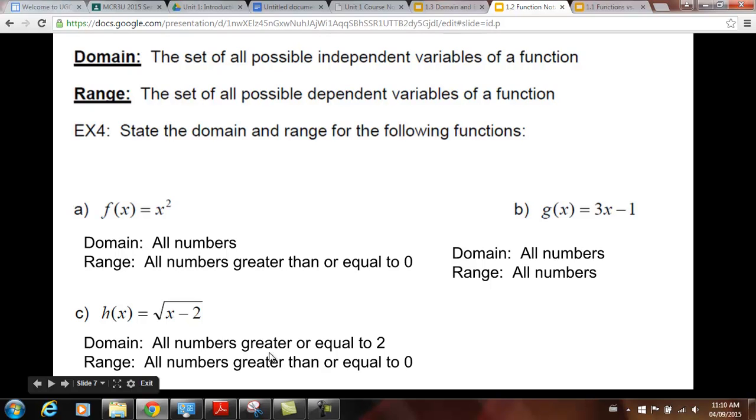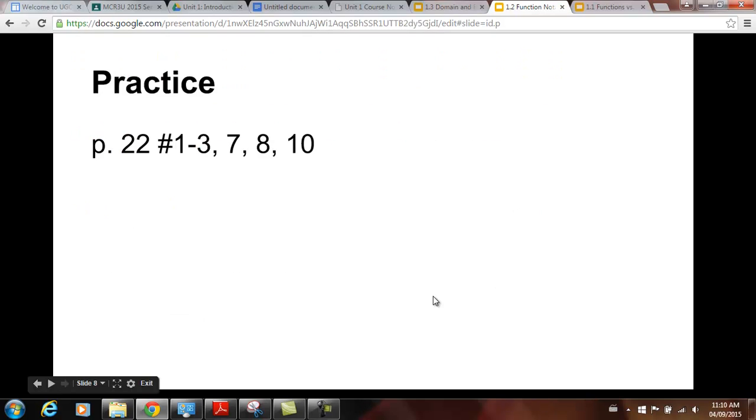But you can't get negatives when you square root. That's why we do the plus and the minus on the outside, but that's not here. And you can't square root a negative. So you can only square root 2 minus 2, 3 minus 2, 1 minus 2, all those kinds of things. Anything less than 2 is not allowed.